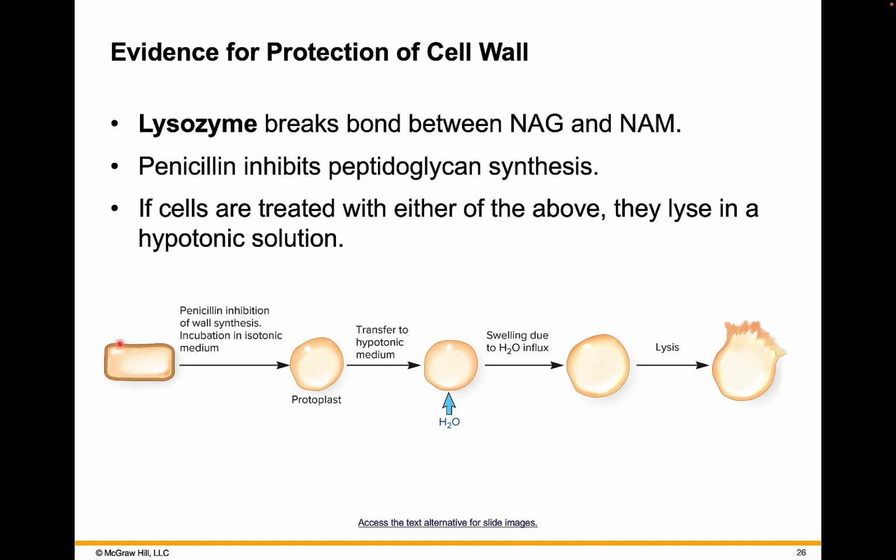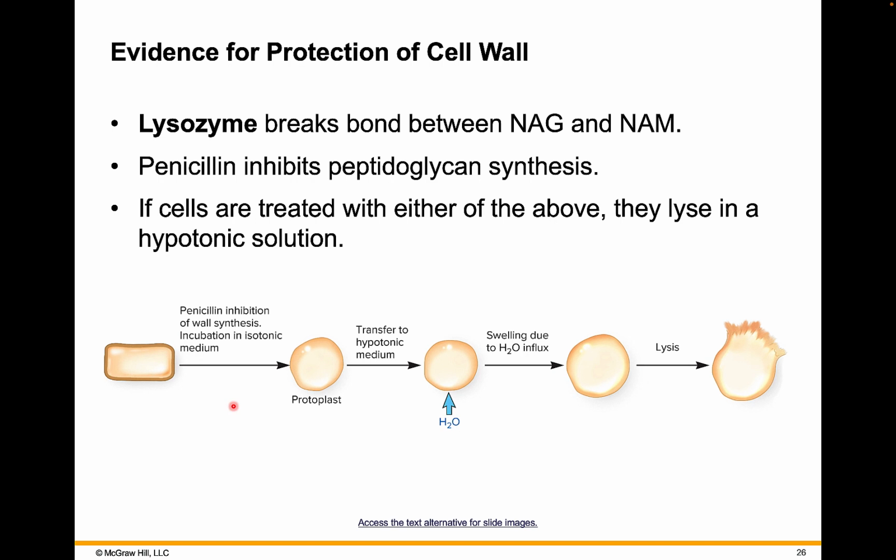As they are growing, you can add penicillin, which inhibits cell wall synthesis. They will produce structures known as protoplasts, which don't have the cell wall. Now, if we take this protoplast, which is just the cytoplasm surrounded by the plasma membrane, and transfer it to a hypotonic solution, the water will move in, it will swell, and the cell will essentially lyse.